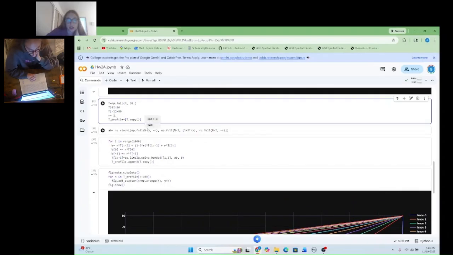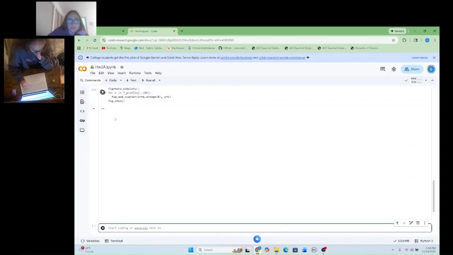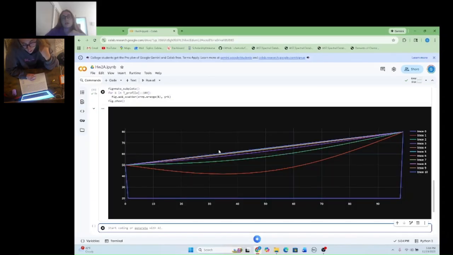So let's change that to 4. Let's change it to 5. Okay, 5. So we have less steps, right? So that means it's actually going to take a lesser amount of time for this to get to steady state.